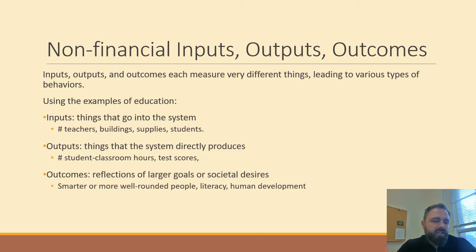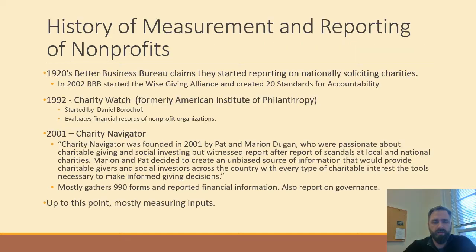There might be other things that go into some of these outcomes we see in society. And then to take that even one step back, how do we connect the inputs? Having more teachers, does that necessarily lead to some of the outcomes that we hope for in education? Okay, so understanding the difference between inputs, outputs, and outcomes is extremely important when we're talking about nonprofit evaluation. I'm going to talk a lot about that.